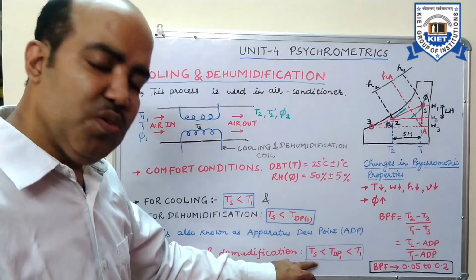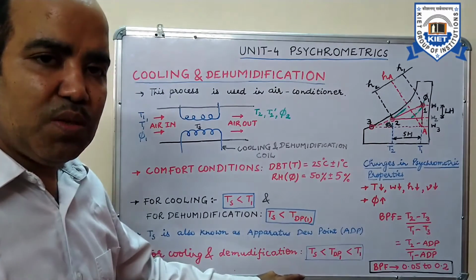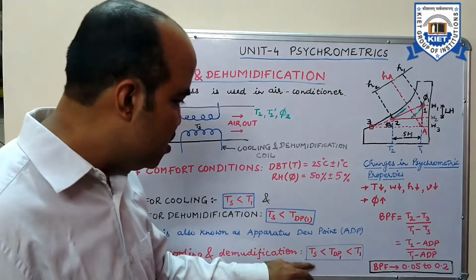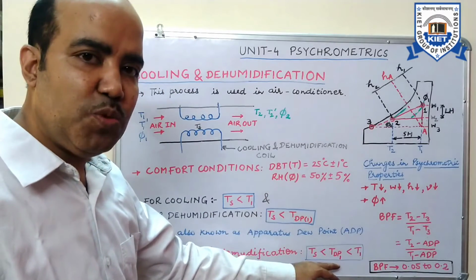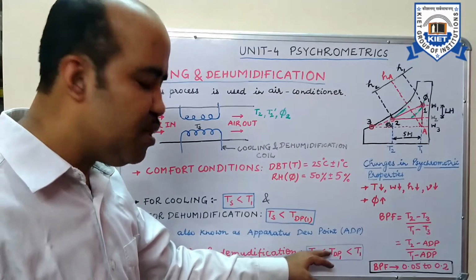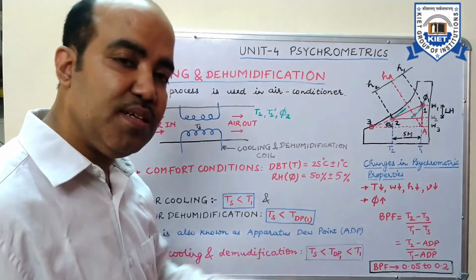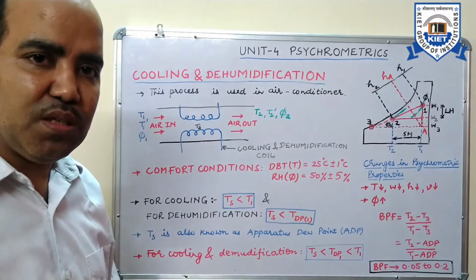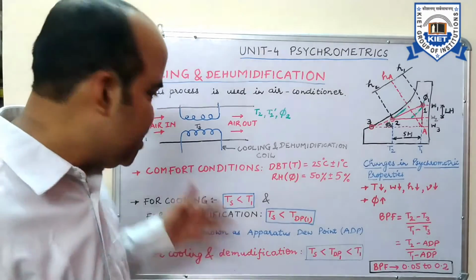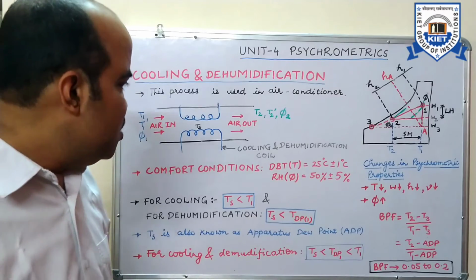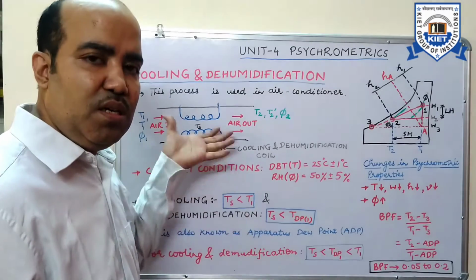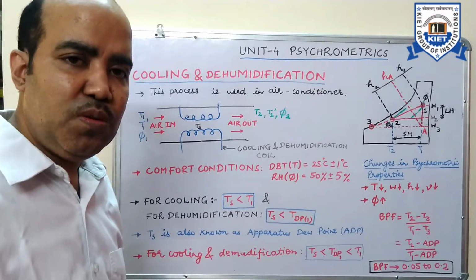So the condition for cooling and dehumidification becomes: the temperature of the cooling coil should be less than the dew point temperature, which in turn should be less than the dry bulb temperature of the air which is entering into the duct. I hope these points are clear to all of you now.